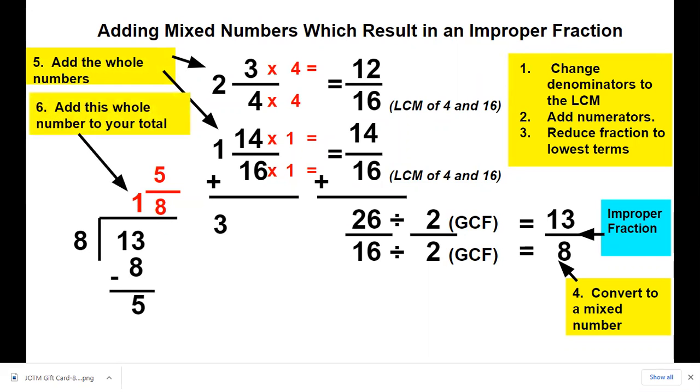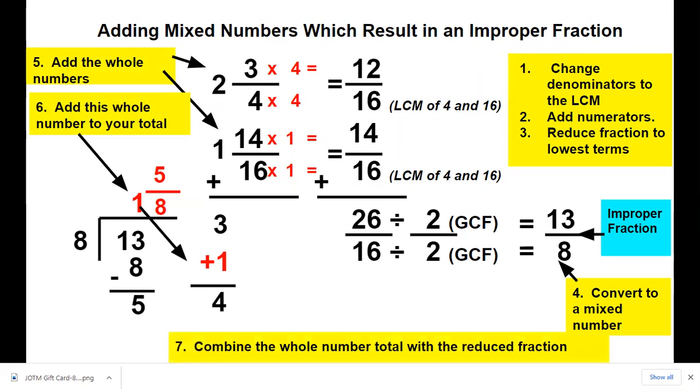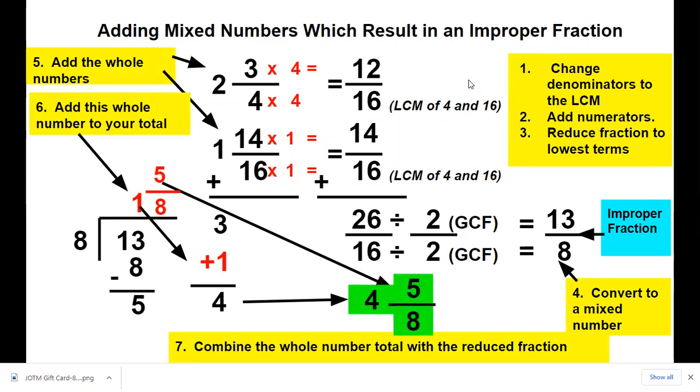Add this whole number to your total. 3 plus 1, that's going to give you 4. And then the 5/8 is left over. So combine the whole number total with the reduced fraction. So we end up with 4 and 5/8. Lots of steps involved.